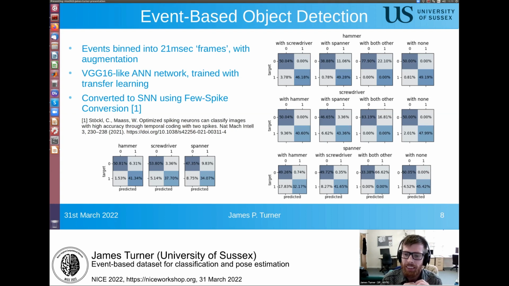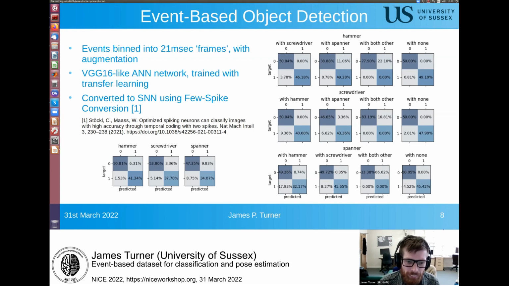We train a VGG-like model as an ANN using transfer learning, and we then convert this trained ANN into an SNN using the FS conversion method, a few-spike, spike timing conversion method developed by Stöckl and Maass. And we get the confusion matrices also.